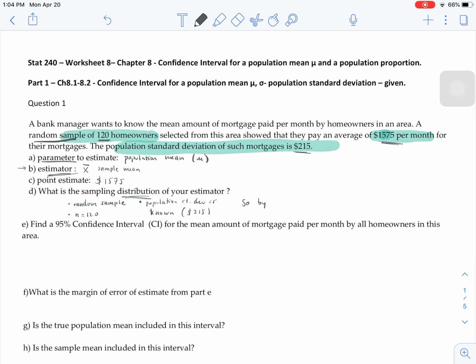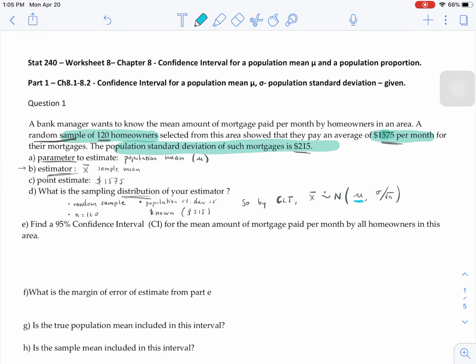So by the central limit theorem, I'll abbreviate it here with CLT, we know that our sample mean is distributed approximately normally, with mean equal to the population mean, and standard deviation equal to the standard deviation of the population divided by the square root of our sample size.